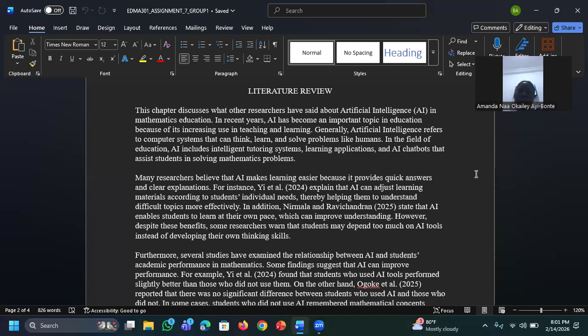And Yi et al. and Ogeke et al. both acknowledge that while AI can support learning, its effect on achievement varies individually. You would have one student who would focus solely on AI, do well, and even understand the concepts better. And then you have another student who also depends on it, but if you take AI out of the equation, that student won't be able to perform well because they have become over dependent on the tool for learning.